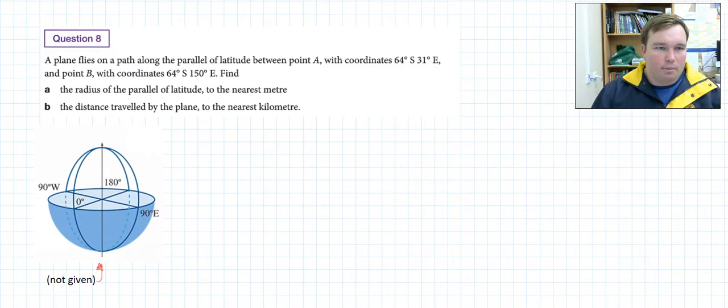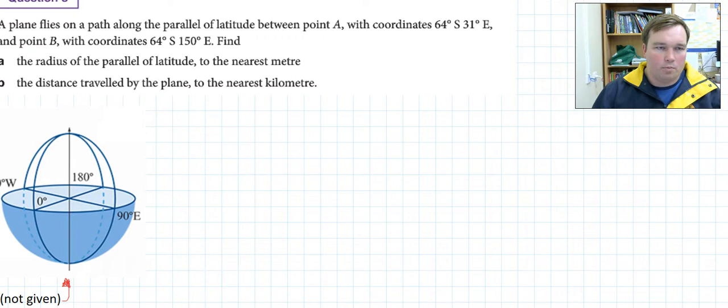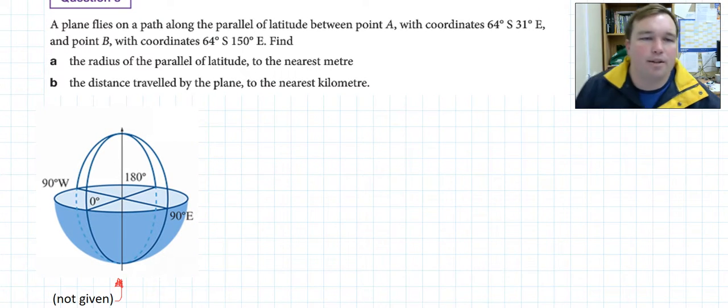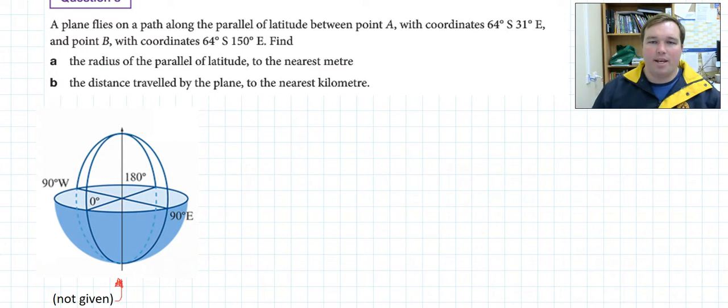A plane flies on a path along a parallel latitude between A, with coordinates this, and B. Find the radius of the parallel latitude to the nearest meter, and the distance travelled by the plane to the nearest kilometre.